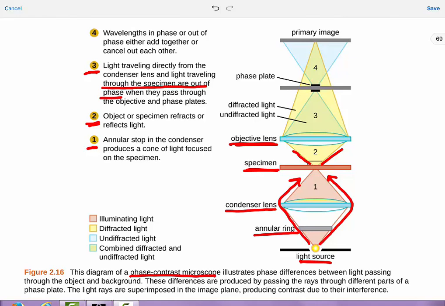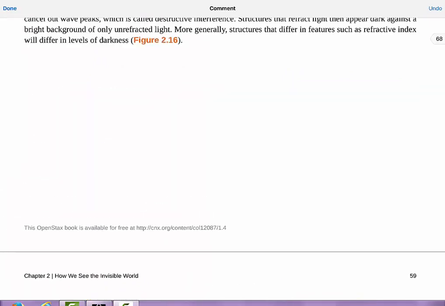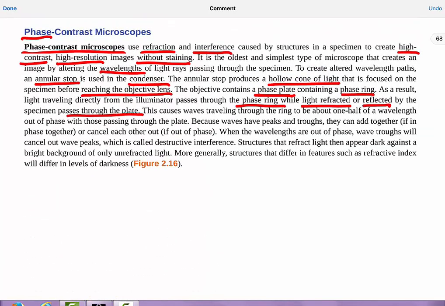We hadn't gotten that far in the text above, so we'll jump back up to the text. That was number 3. We have the light that is bent, refracted, reflected, coming up through the objective lens, and then we have diffracted light and undiffracted light. Let's scroll back up and use the text for a moment, and then we'll go back to the diagram.